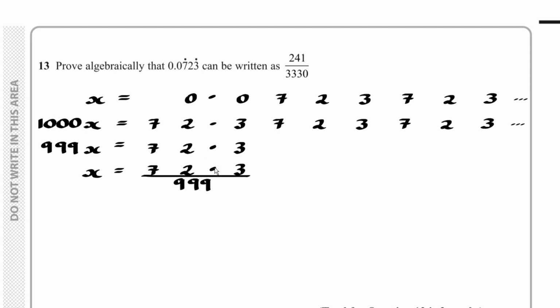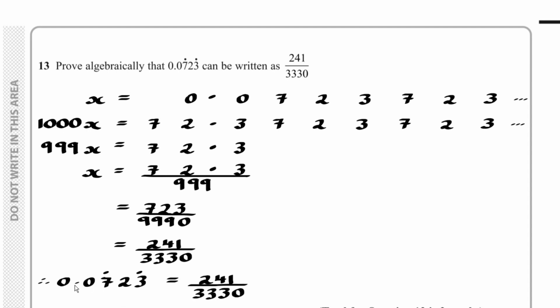And if I multiply both the numerator and the denominator by 10, I get 723 over 9990. And if I divide both the numerator and the denominator by 3, I get 241 over 3330. Therefore, 0.0723 recurring is equal to 241 over 3330.